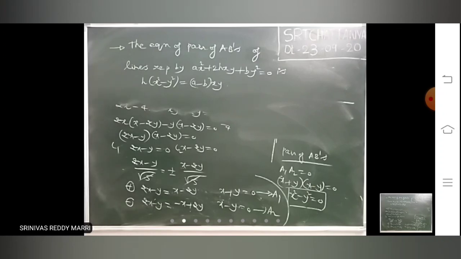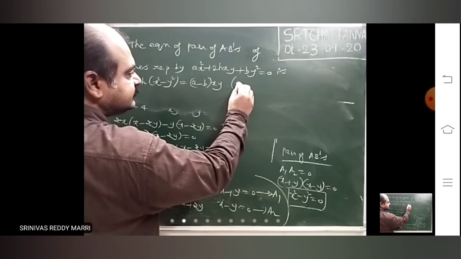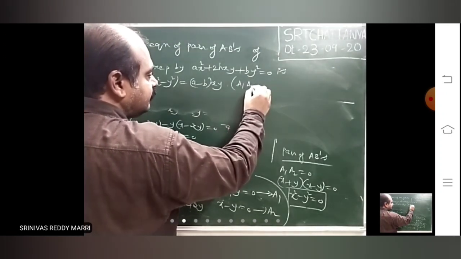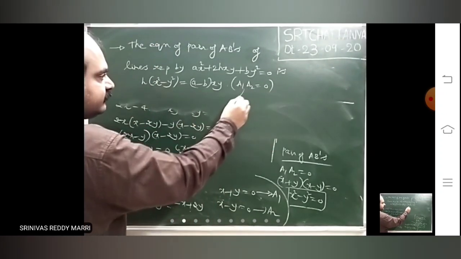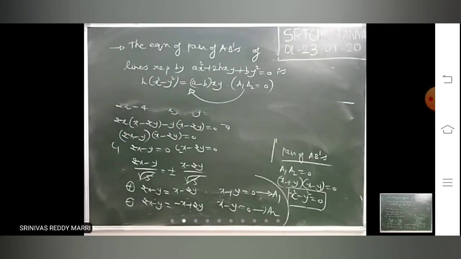A minus b into xy, that is the formula. This equation is A1 into A2 equal to 0.